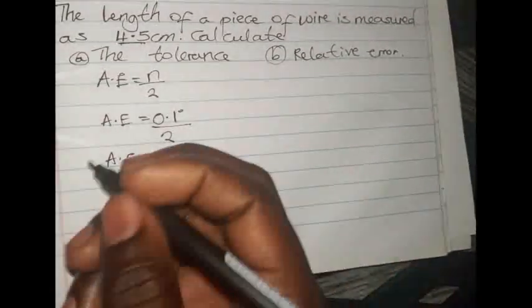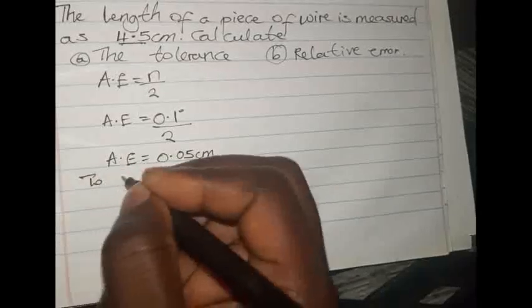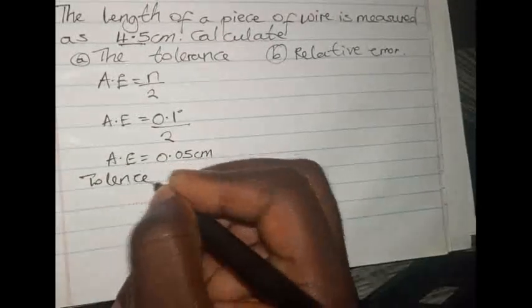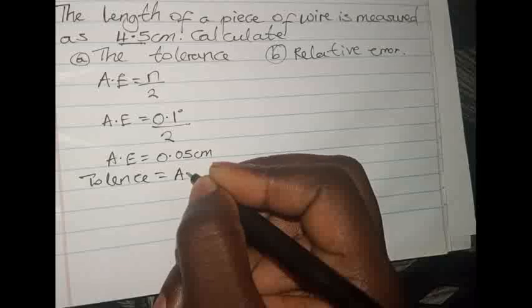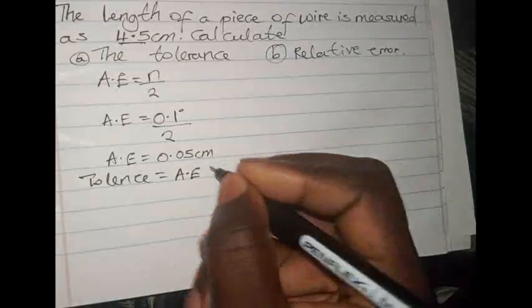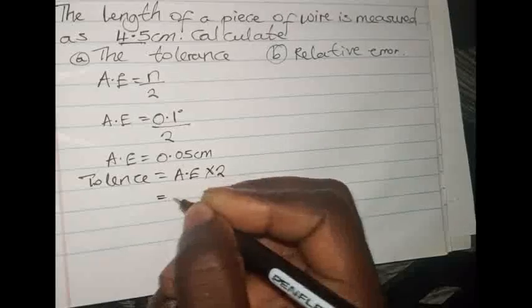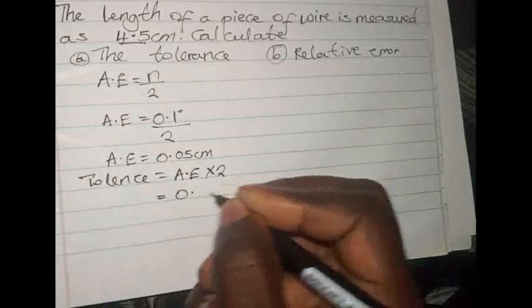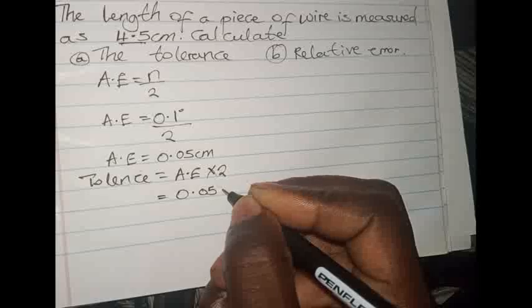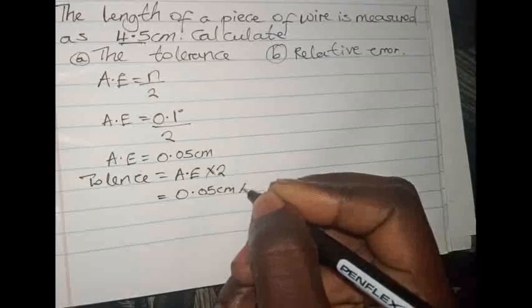Now, how do you find our tolerance? Tolerance is equal to absolute error, which is the one that you have calculated, multiplied by 2. Then our absolute error, said it was 0.05 centimeters multiplied by what?